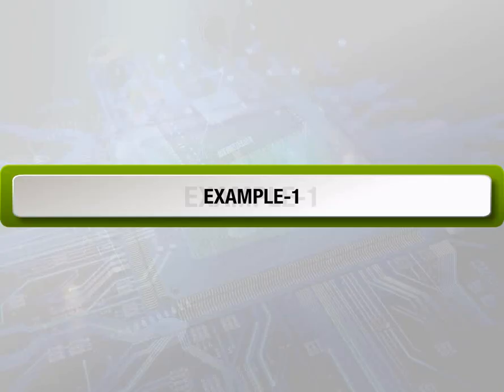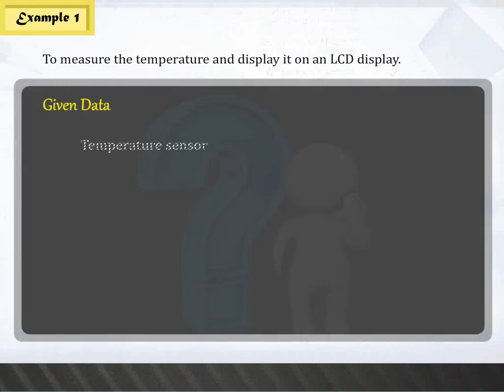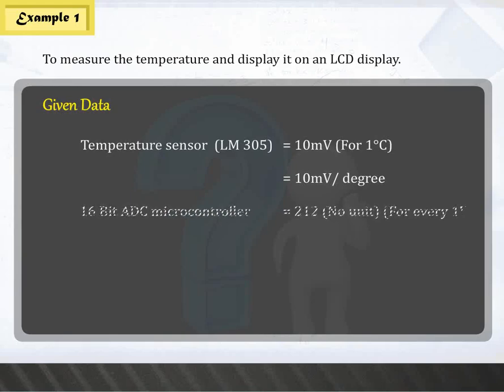Example 1. To measure the temperature and display it on an LCD display. Given data: temperature sensor, that is LM35, is equal to 10 mV for 1 degree Celsius, that is 10 mV per degree. 16-bit ADC microcontroller is equal to 212, no unit, for every 1 volt, that is 212 per volt.